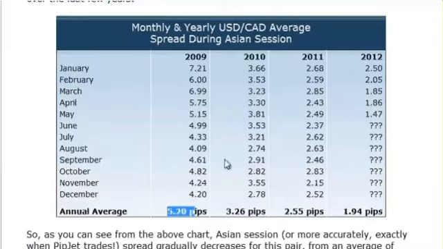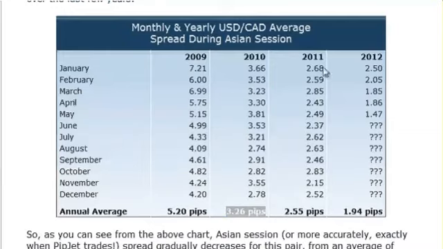In 2010, things started really looking better. And suddenly we're seeing the 3 pip level being reached here. Then 2.74, 2.91, 2.82. The year ended with an average of 3.26 pips.